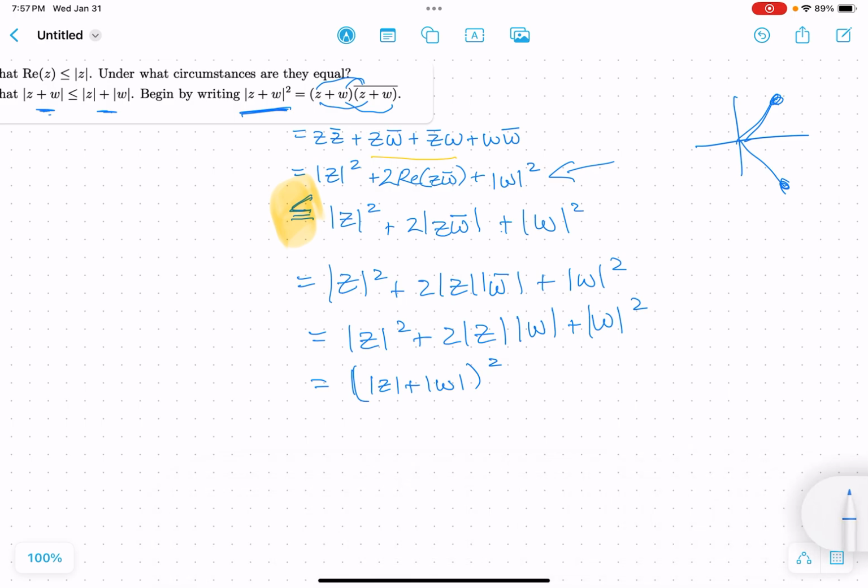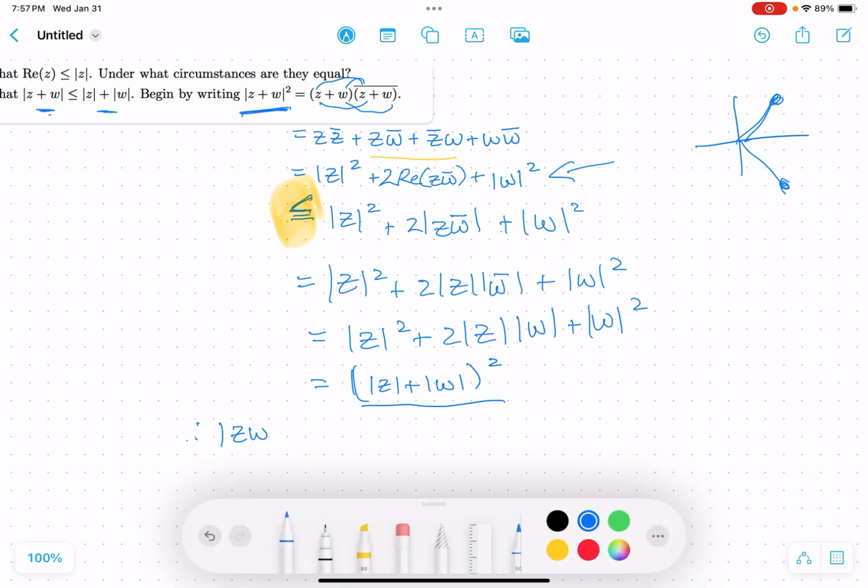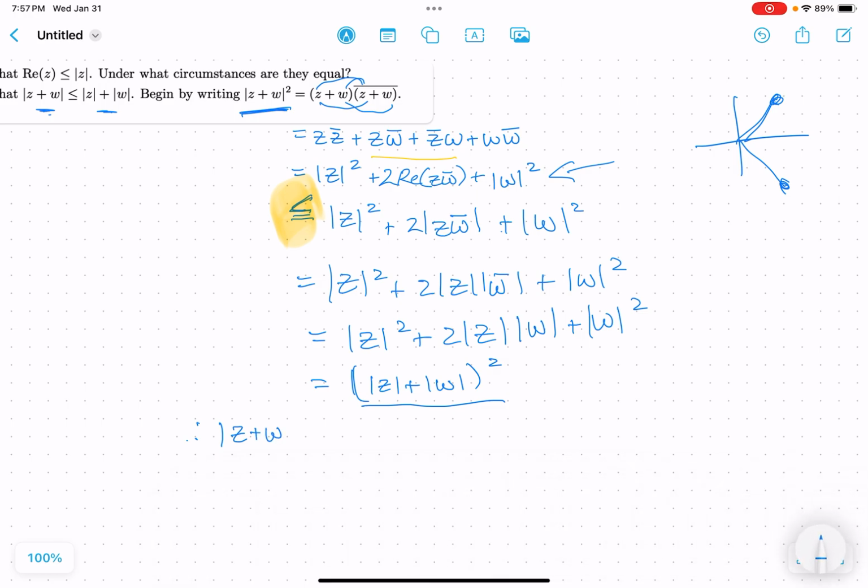So it's less than or equal to our square of mod Z plus mod W. Okay, so I could say, so therefore, this is what we've got. Z plus W squared is less than or equal to mod Z plus mod W all squared.